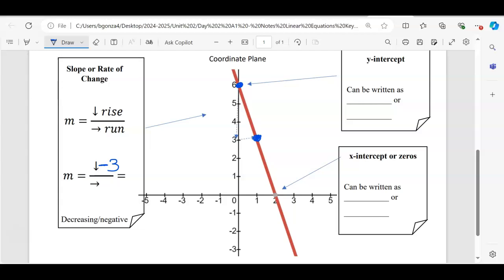Like you're falling down. So negative 3, and then how much does it run? What's the little run here? 1. It runs 1 to the right. So negative 3 over 1. Any number over 1 is the same number, so it's negative 3.